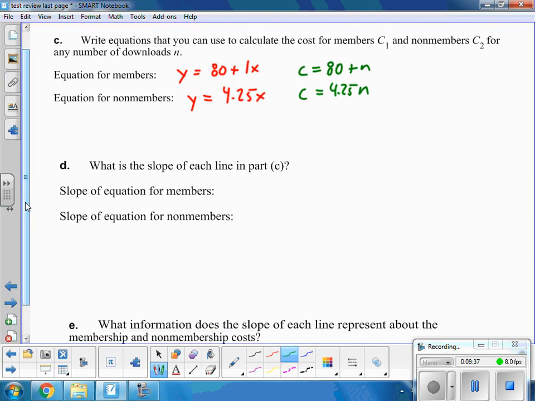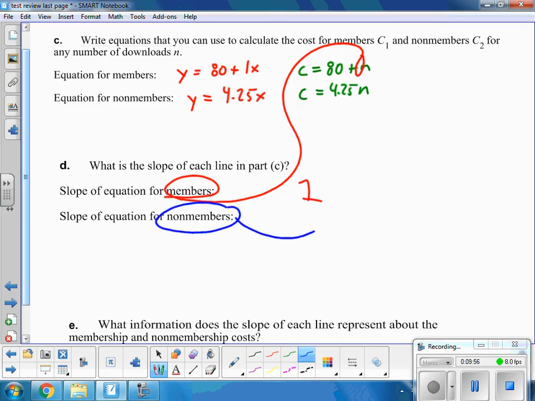Okay, the slope is going to be represented for members. It is going to show up in front of the x. So for members, it is right here. So my slope is 1. For non-members, it shows up right here. It ends up being my coefficient of each line. And coefficient is the number that sits right in front of the variable.